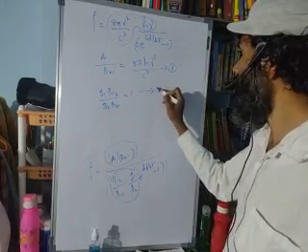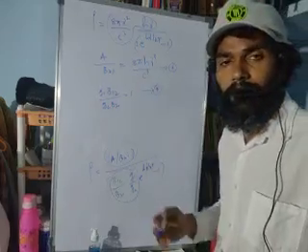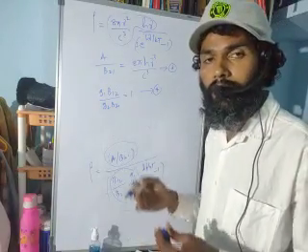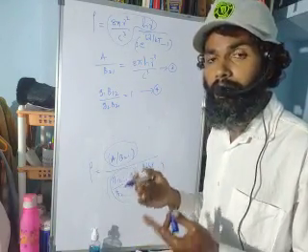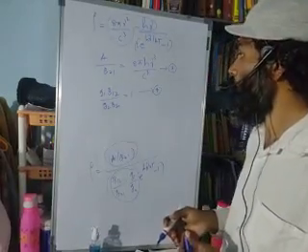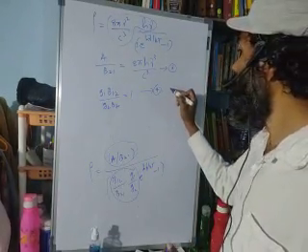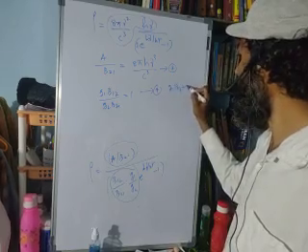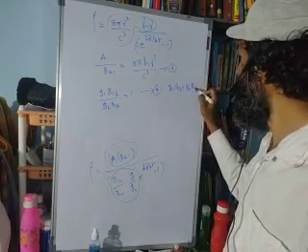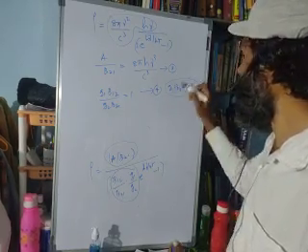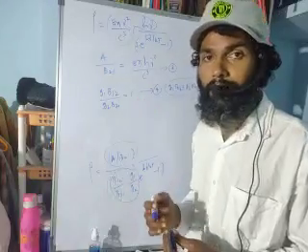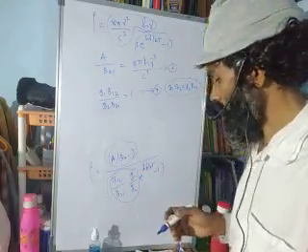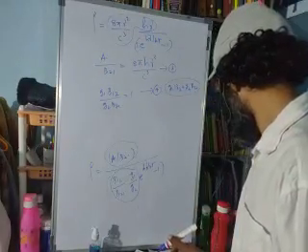We can call this number 4, and equations number 3 and number 4 are called the relationships among Einstein's coefficients. So from these we can say g1 into B12 is equal to g2 into B21. We remember this relationship, which we'll use later in this lecture.